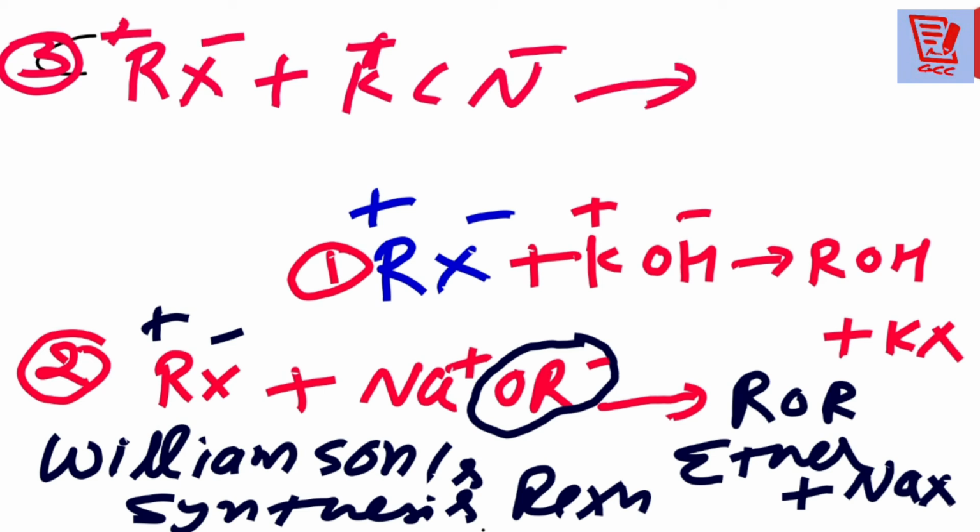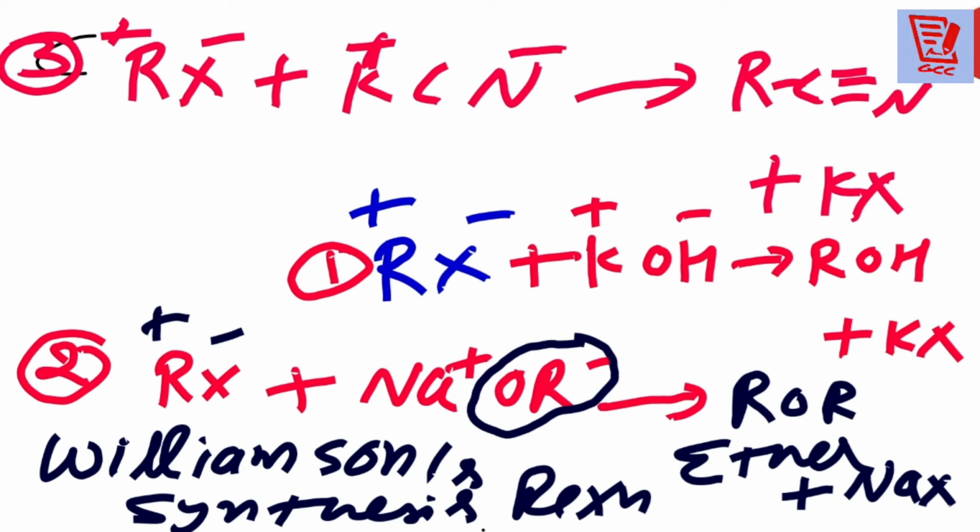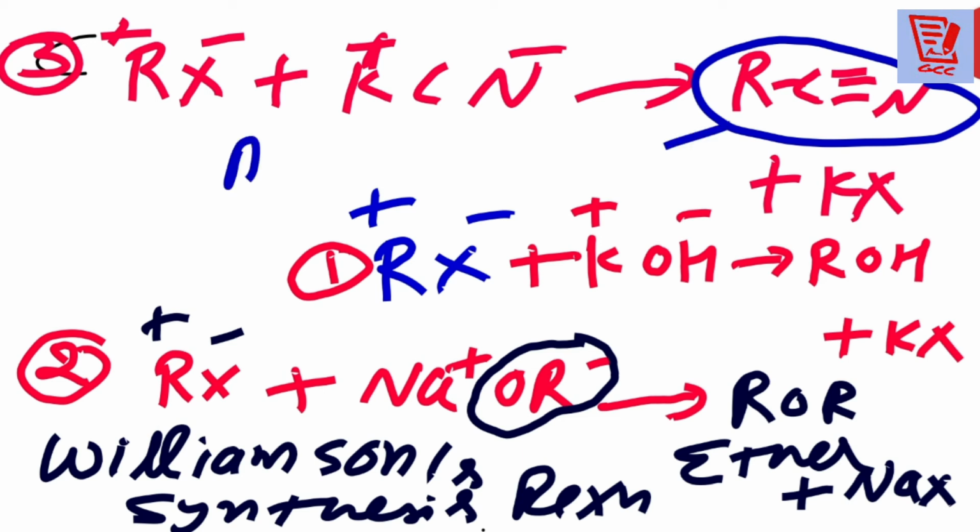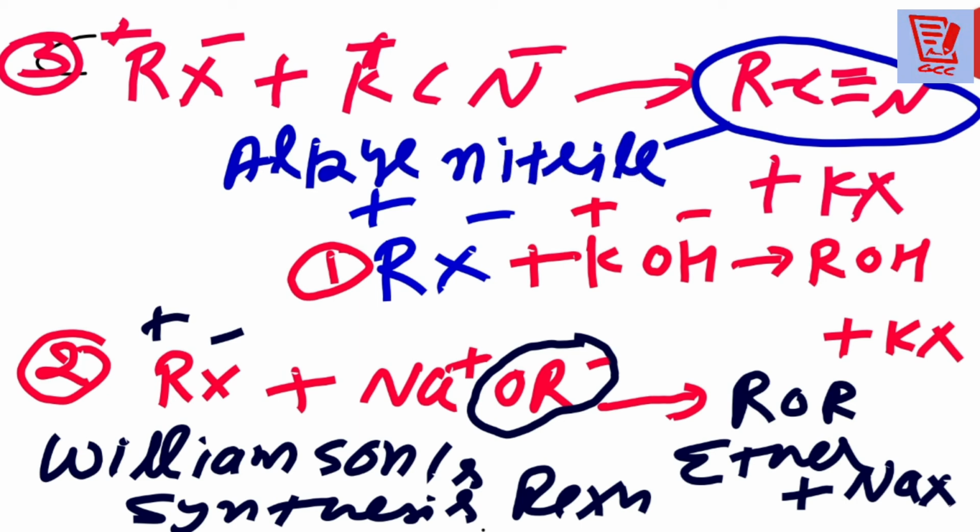It will become RC triple bond N, or simply RCN plus KX. Just remember, this is called alkyl cyanide, or alkyl nitrile. What do you call it? Alkyl nitrile. Clear? Yes or no?